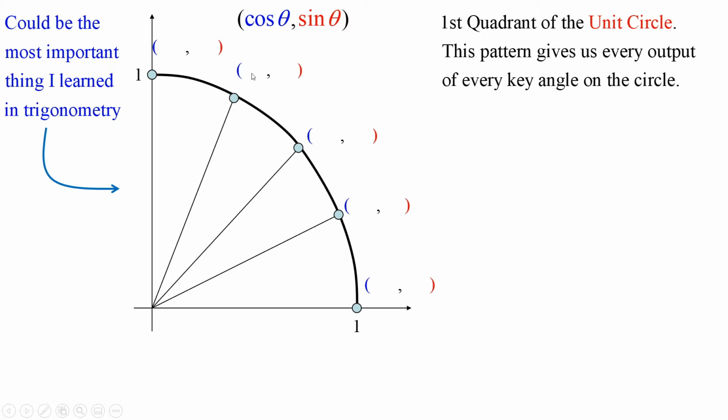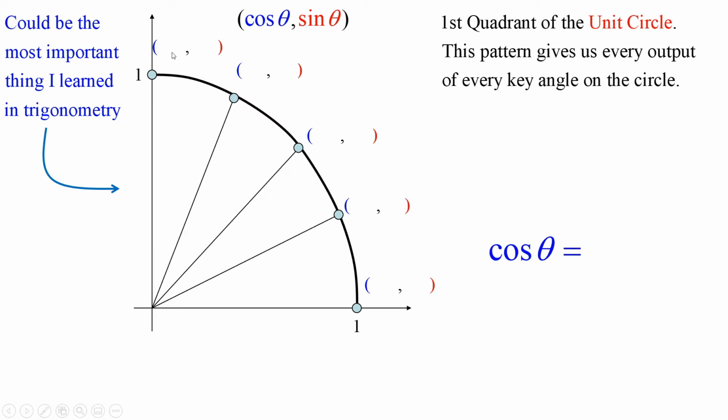Now, let's figure out the x coordinate of each of these points, and it's a simple pattern. The x coordinate of this point right here is going to be 0, you know that, right? But I'm going to write it.